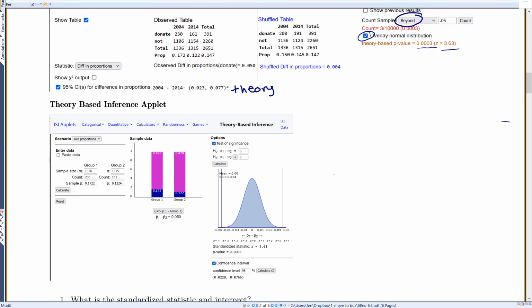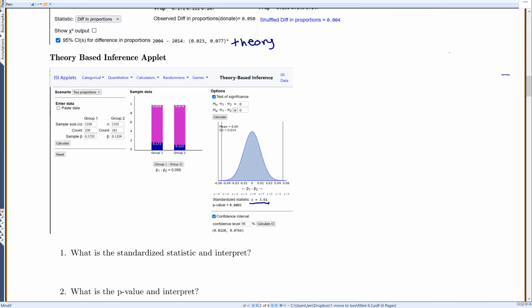Okay, we can look at the applets to find our standardized statistics. You'll notice that we're a little bit off. That's just due to the rounding from different applets. They coded them slightly differently, but you should be fairly close. So we'll say our standardized statistic is 3.61. And to interpret it, it's always how many standard deviations are above the mean, but in this case, our mean is always 0.